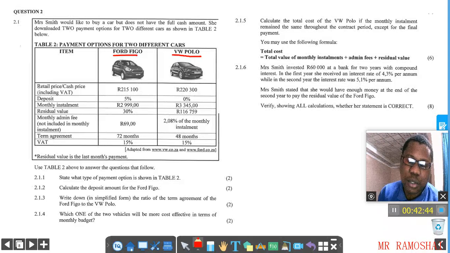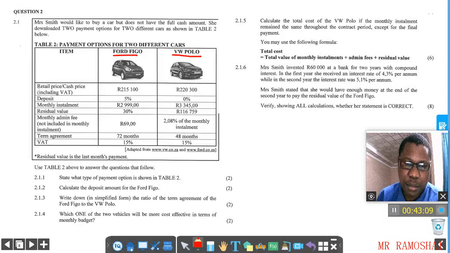Then for VW Polo, you're going to pay 48 months. That is the same, obvious, right? Look at this. Residual value is the last month's payment, right? Okay, now we can go to the questions.